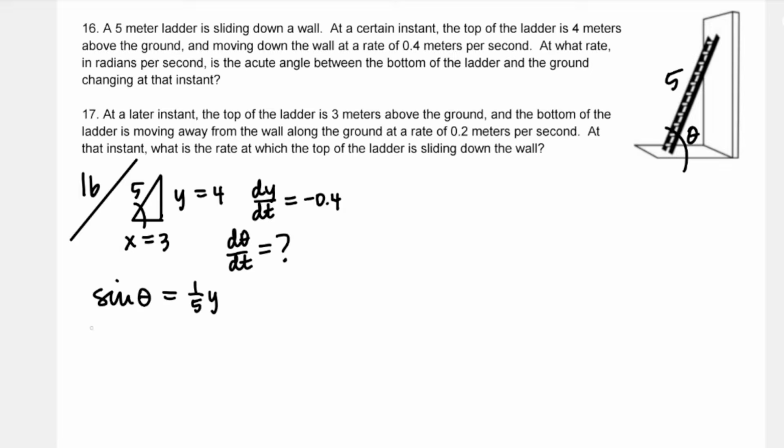And then at any time t, cosine theta d theta dt is 1/5 dy dt. Okay, and that's where we'll be using the fact that dy dt is negative 0.4. So cosine theta d theta dt, so cosine theta would be 3/5.